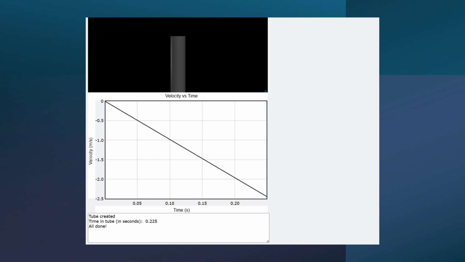Now in theory, if this code was done the right way, what we would be seeing on the graph is a dip.